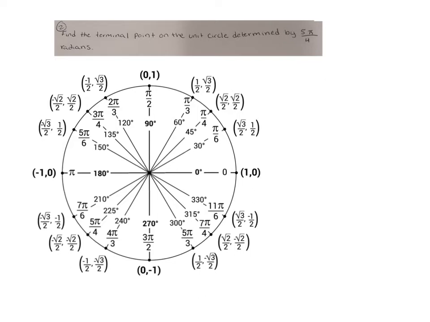And so the way you want to think about this is if you started at 0 and you traveled around the circle until you got to 5 pi over 4, which would be right there, they say find the terminal point. So in other words, what are the coordinates that correspond to that point?